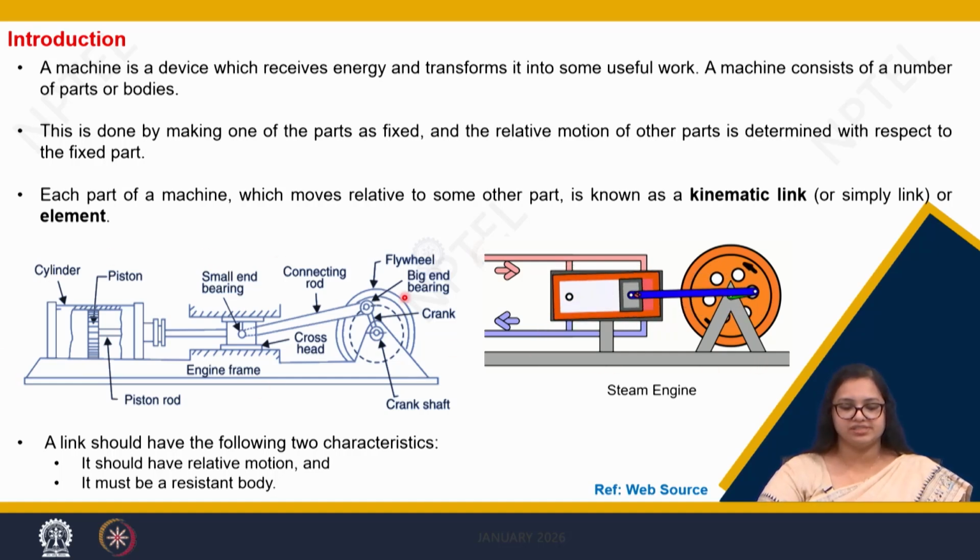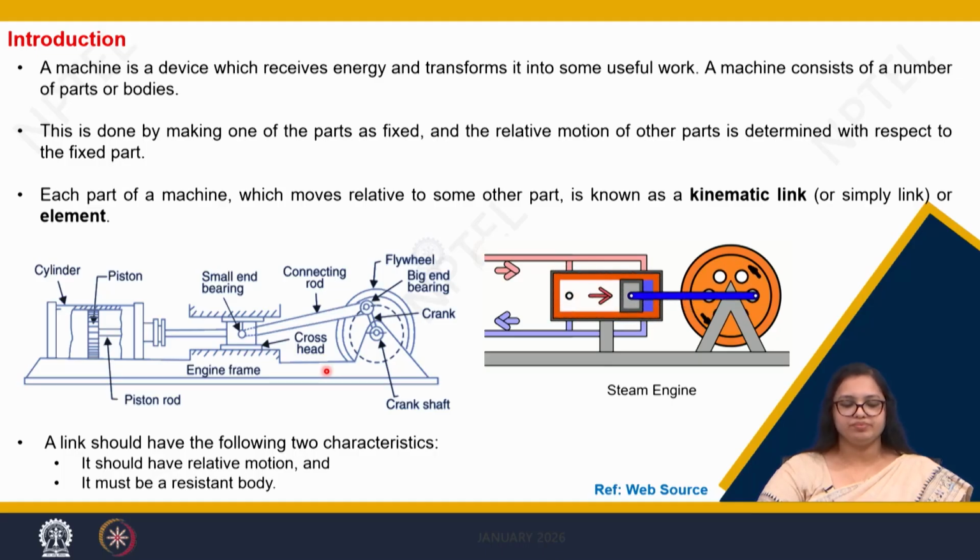So here we can see there are multiple elements which give us some kind of work with relative motion to one another, where we have this engine frame, the crankshaft, which is element number 2, element number 3 is the connecting rod, and then it is connected to the piston which moves inside the cylinder.